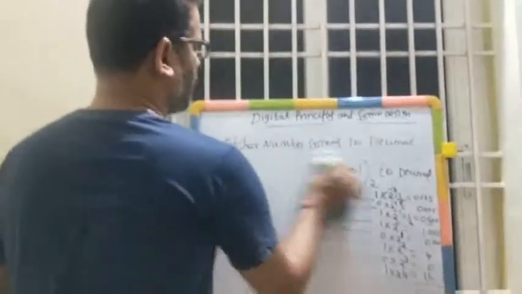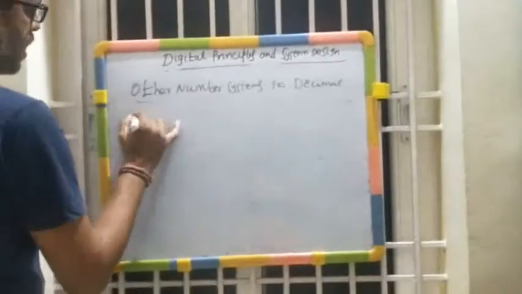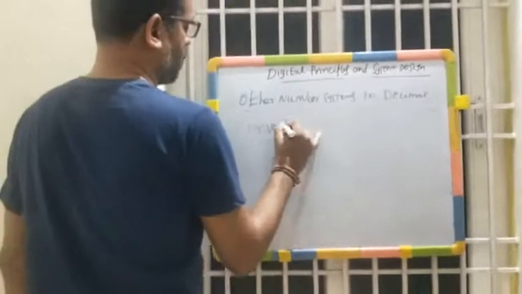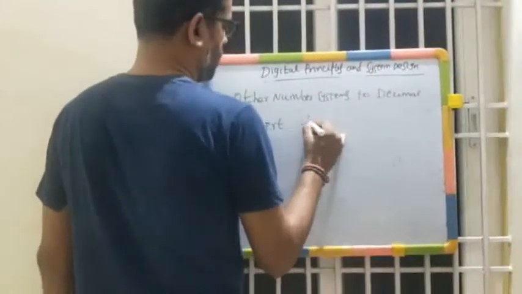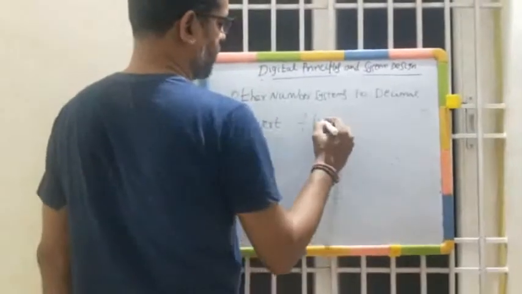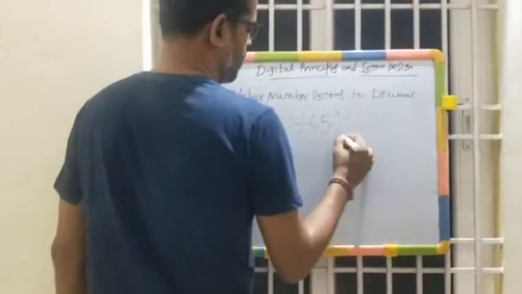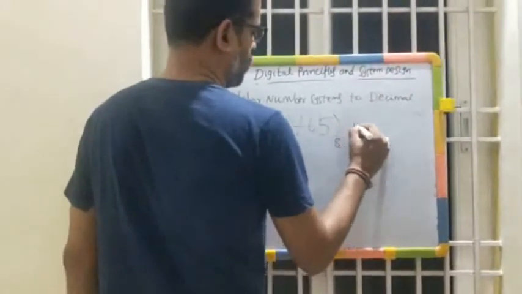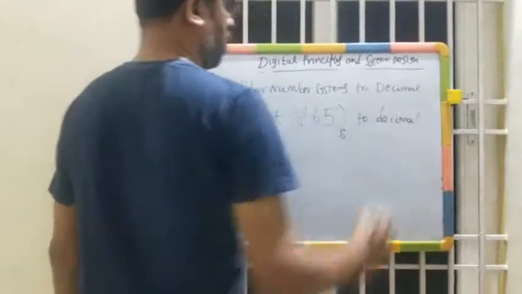We'll go by another example. Convert 765, simply we'll take for better understanding, base 8 to decimal. Okay.